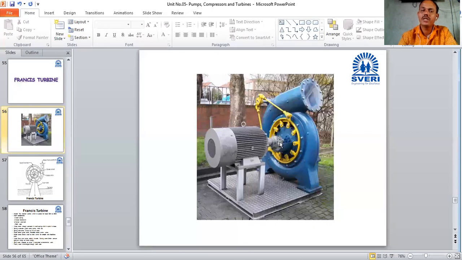Then at the middle, the shaft is provided. The shaft is coupled with the shaft of a generator. This is not a motor. It looks like a motor, but this one is a generator. So as the shaft rotates, the generator produces electricity.